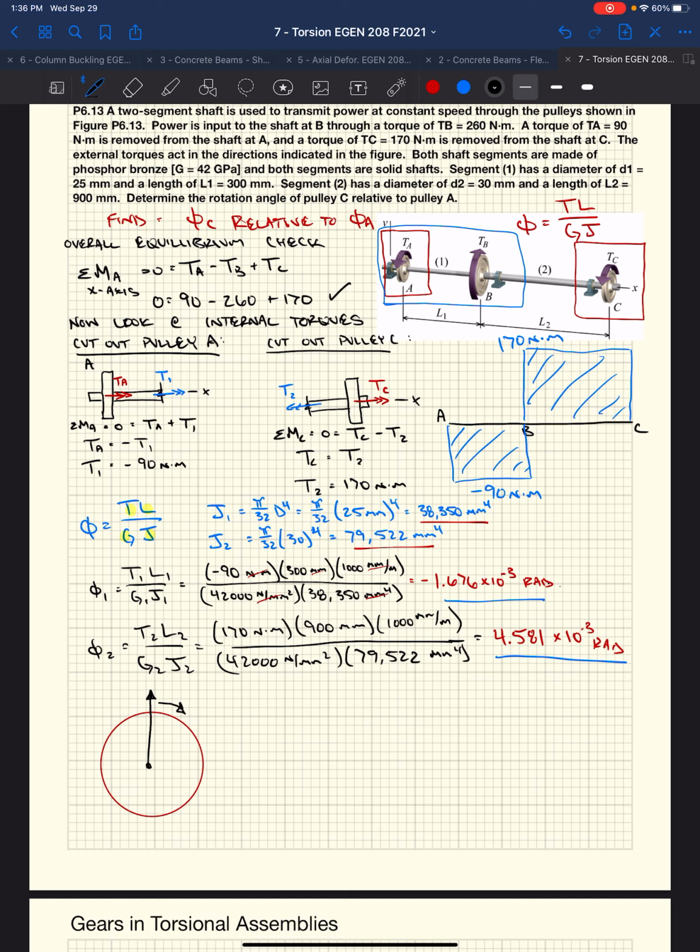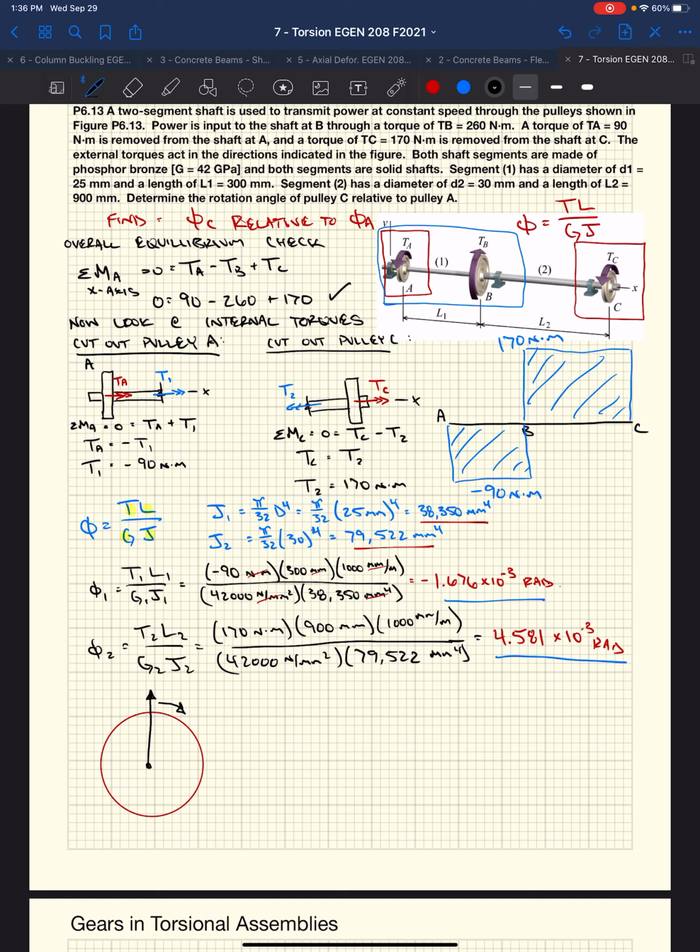Right, T1. If we cut a section through this shaft, and we were looking at the end of the shaft, the pulley A was behind it. We know T1 being negative, it's acting in the direction of the shaft, so it's rotating it clockwise. It's going to rotate it clockwise this 1.676 radians.